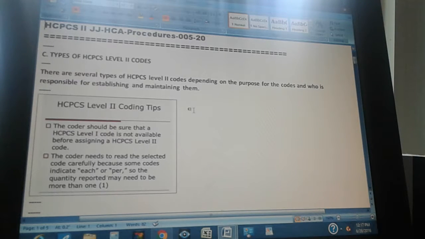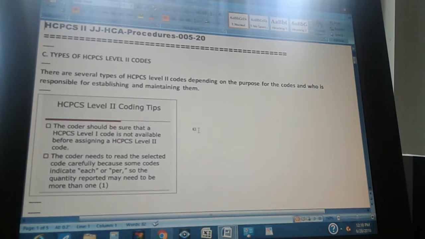Now we have a little table there that gives you some coding tips for HCPCS Level 2. The first tip is the coder should be sure that a HCPCS Level 1 code is not available before assigning a HCPCS Level 2 code. First, if it's a procedure, especially if it's a procedure, you go to the HCPCS Level 1 codes, which is the CPT.